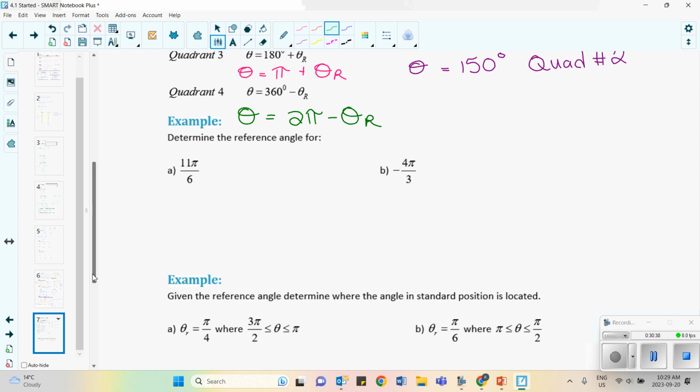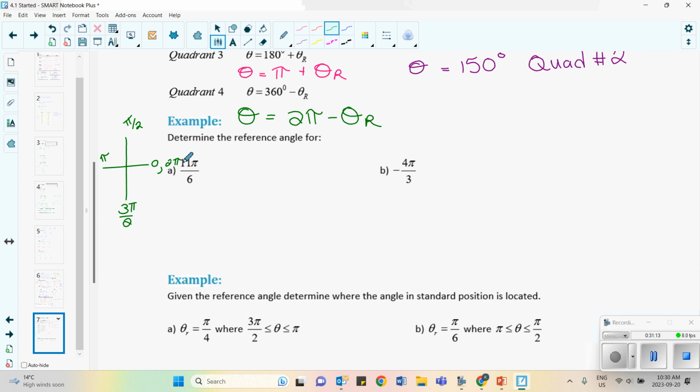You ready? We want the reference angle for 11 pi over 6. First of all, we've got to figure out what quadrant we're in. This is where the memory thing kicks in. This is pi over 2, that's pi, that's 3 pi over 2, and that's either 0 or it's 2 pi.